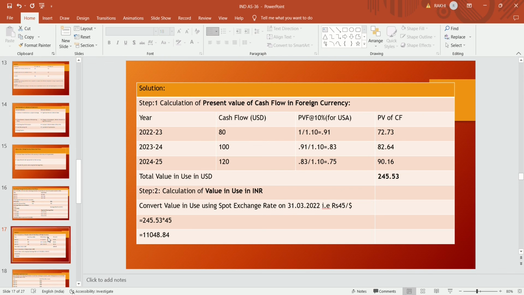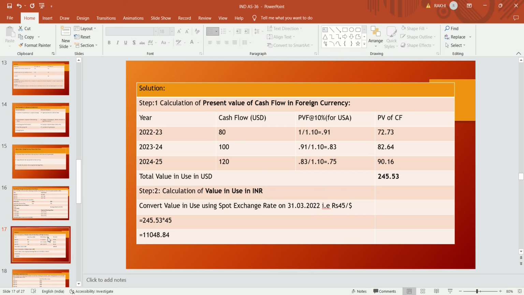So the cash flow in 2022-23 is $80, 2023-24 $100, and 2024-25 $120. And the present value is to be taken at the US discount rate, that is 10%. We will discount it by 1 divided by 1.10, that is 0.91.